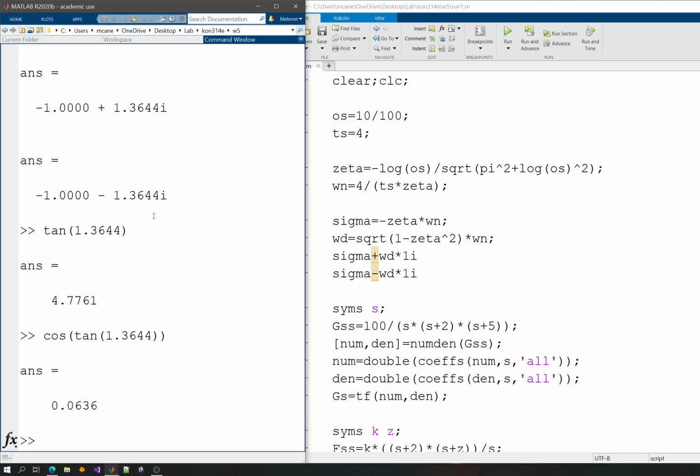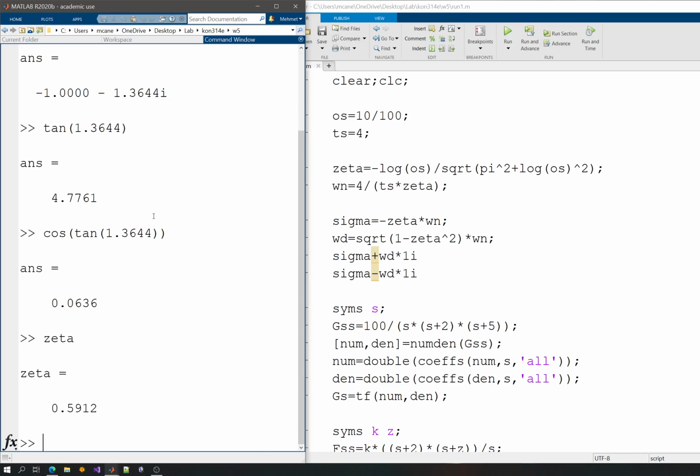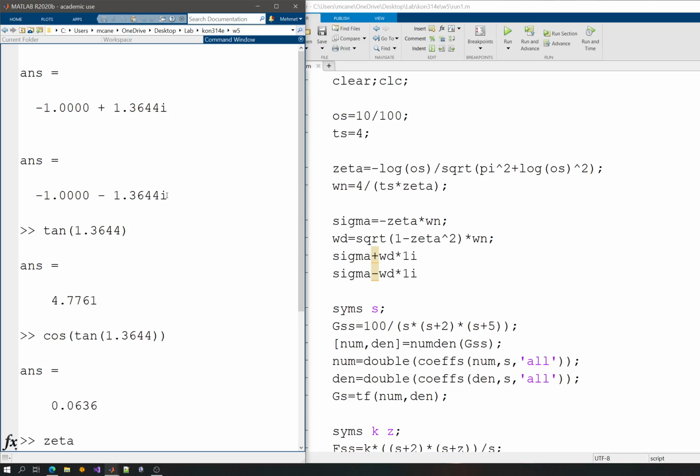And this zeta value should be equal to this one, not the tangent, the inverse tangent, by the way. So okay, I can recover my zeta and omega n value, so I have verified that my poles are indeed here.